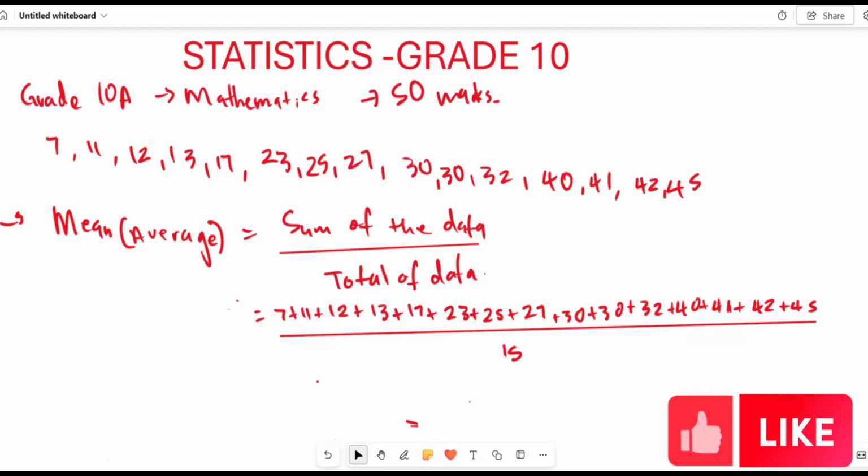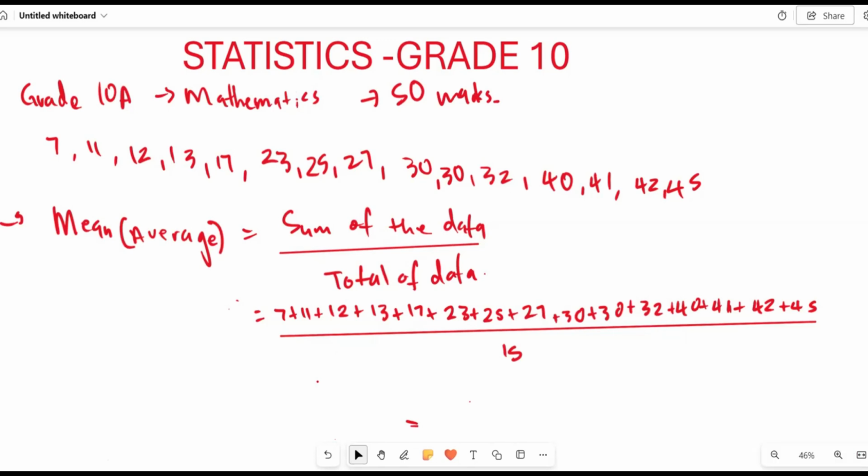When you are adding the data, what are you going to have? If you plug all these values into the calculator, you are going to get the sum of this particular data. The last one is 45.